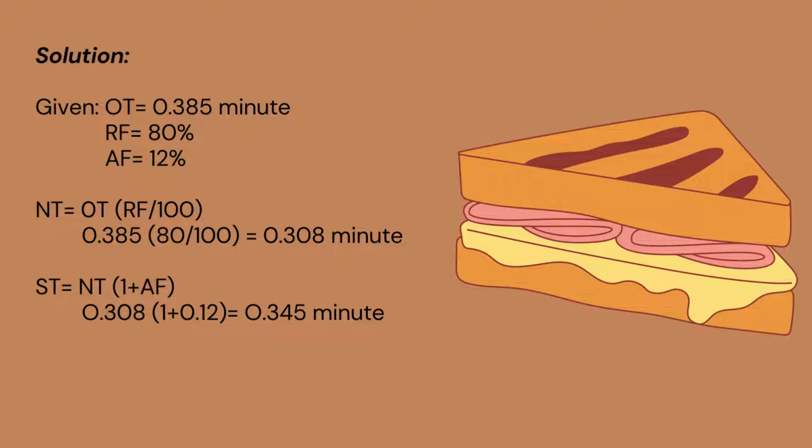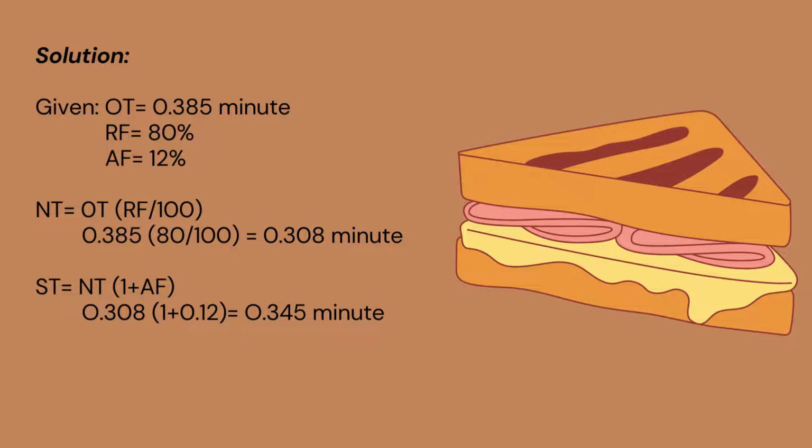So we should always divide the rating factor by 100 if the rating factor is expressed in percentage. So normal time is equal to observed time multiplied by the RF all over 100. So we'll have 0.385 times 80 over 100, and this will give us 0.308 minutes.